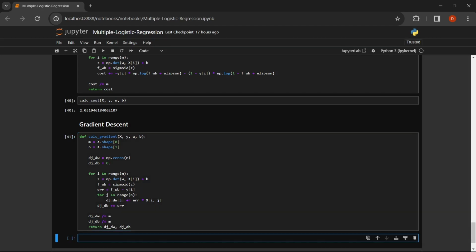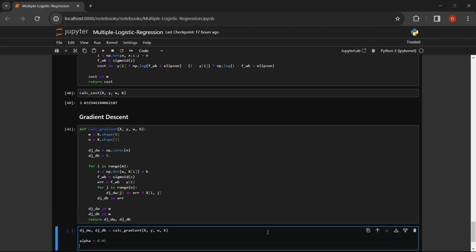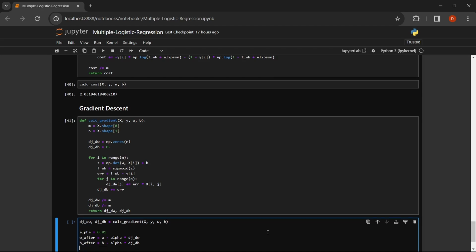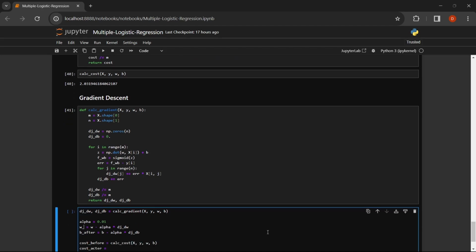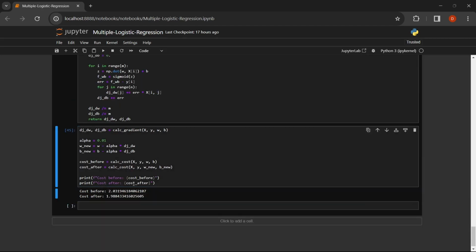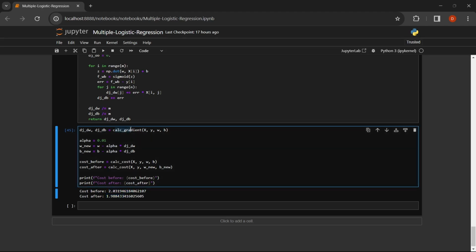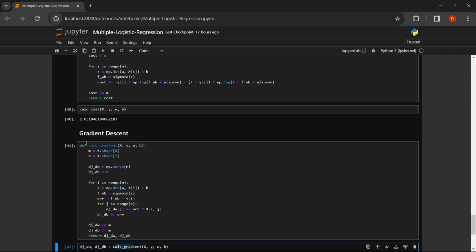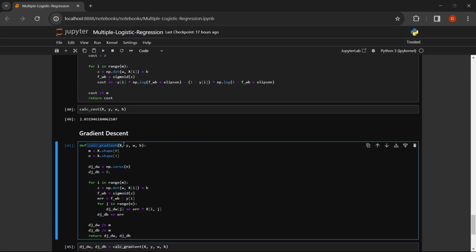Alright, and here we have our function written out to calculate the gradient, and let's test that out with a single gradient step. Alright, so looking at the output of this code, it looks like our cost went down by a very small amount from one gradient step. So it looks like our calculate gradient function is working, and now we're ready to move on to gradient descent.